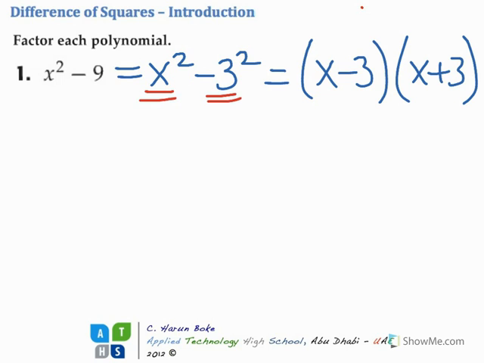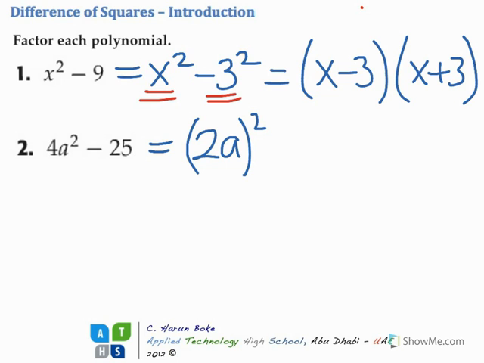Let's see another example. Now here we have 4a squared minus 25. Now this is also an expression of difference of squares, as 4a squared can be rewritten as (2a) squared in parentheses, because 2 squared is 4, a squared is a squared, minus, and 25 you can write as 5 squared.